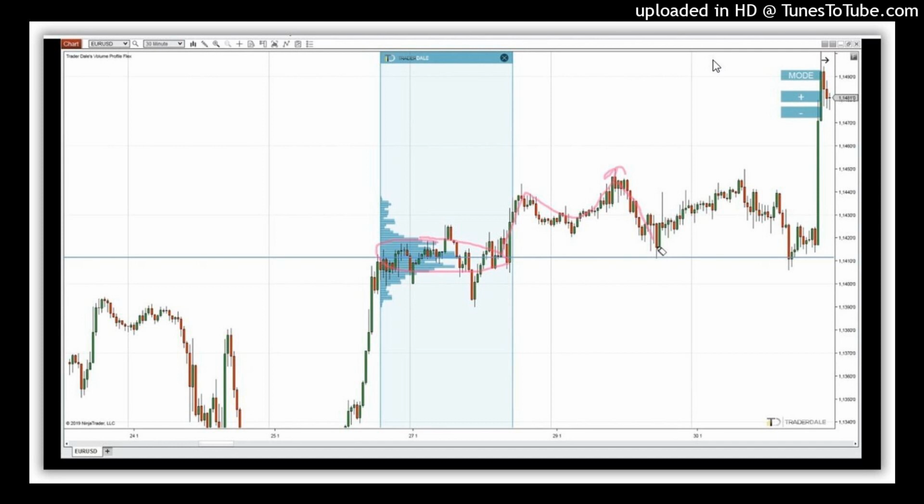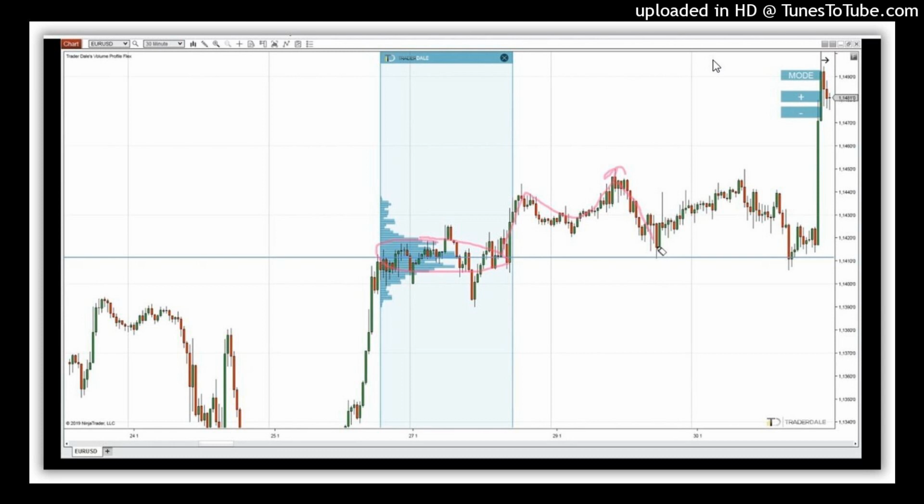And now another rotation which I see here is this rotation followed by this strong selling activity. And in this case, the volumes are the heaviest in here. So you wait for a pullback. When the price hits the level, you enter a short.